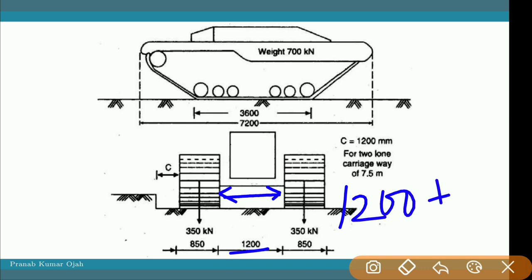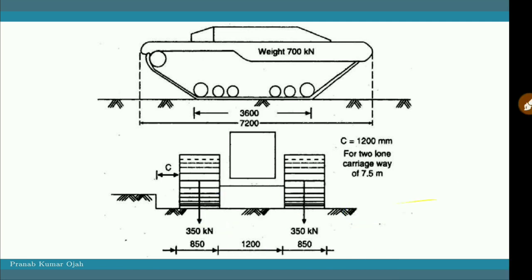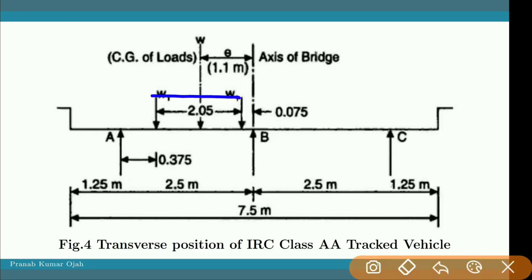So the center to center distance between the two wheel loads will be 850 by 2 on each side, so this will be plus 850. It will finally be 2050 mm, which is the center to center distance between the two wheel loads. That's why it is given as 2.05 meter. The rest of the values we can easily calculate.